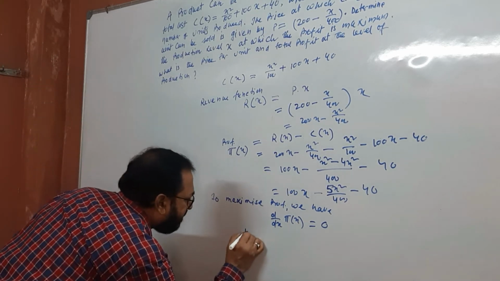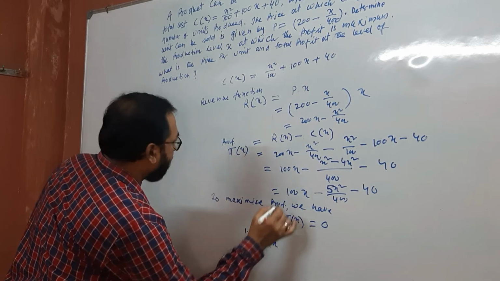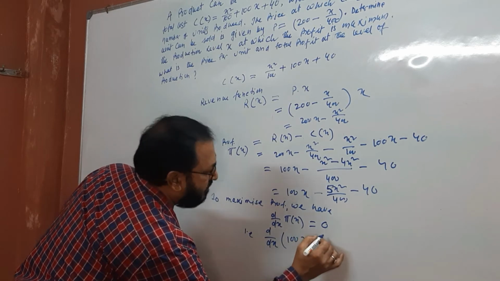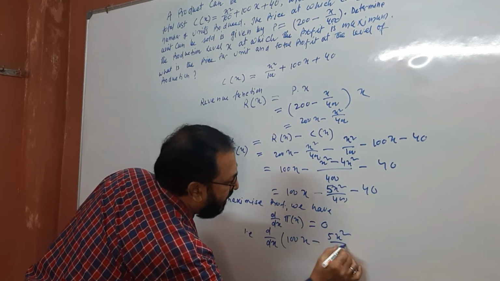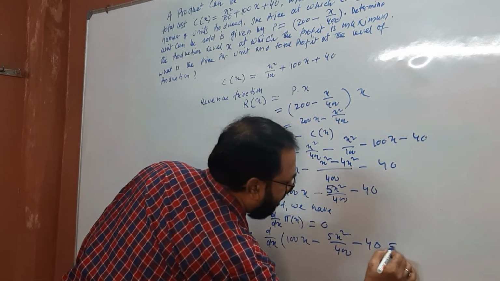That is d/dx of 100x minus 5x squared by 400 minus 40 equal to 0.